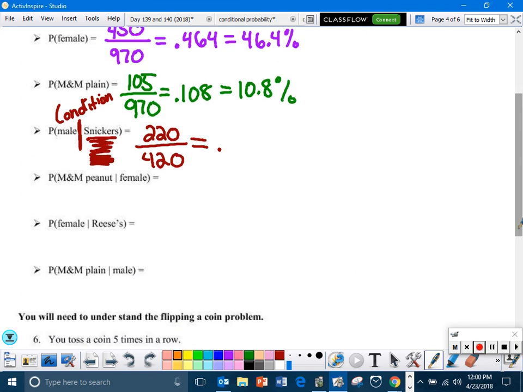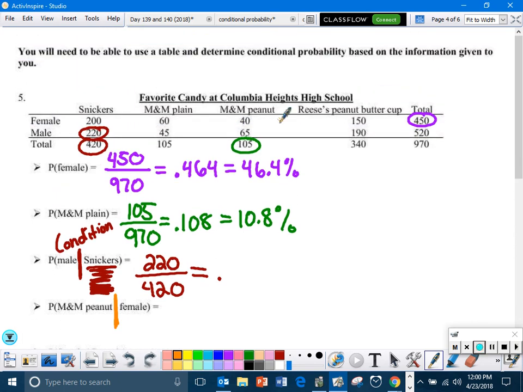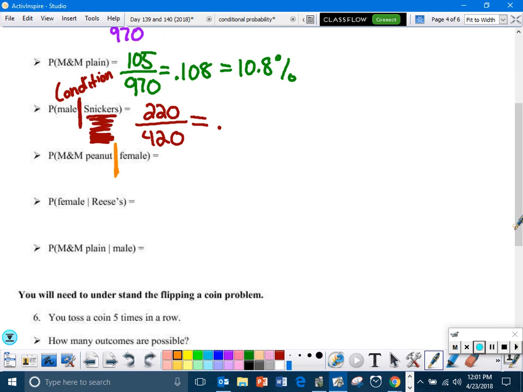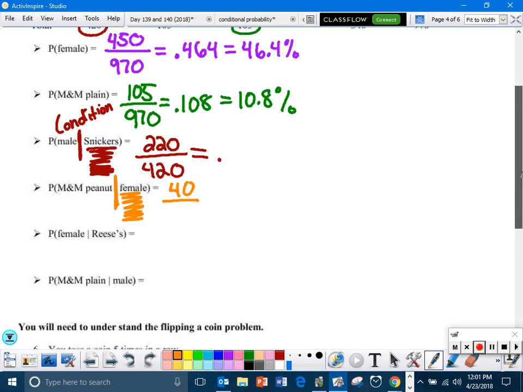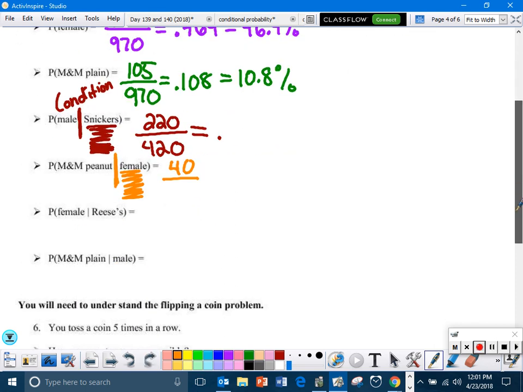Okay, the next one, M&M Peanut, given that it is a female. M&M Peanut, female, 40. And I'm only interested in those that are female, so that would be 450.